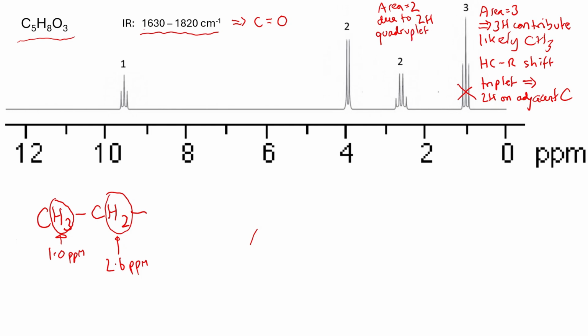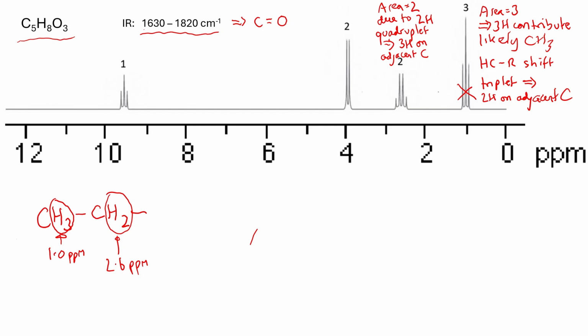So quadruplet means that there are 3 hydrogens on an adjacent carbon. What we haven't thought about yet is its chemical shift. So always think about all of those things: area, chemical shift, splitting. You've got to think about all of them for each peak.